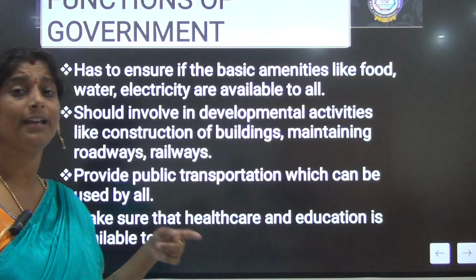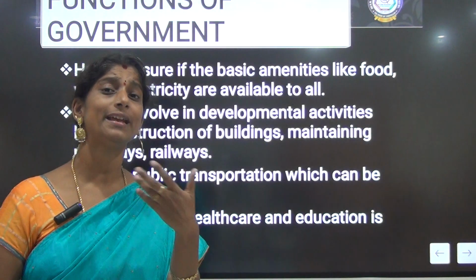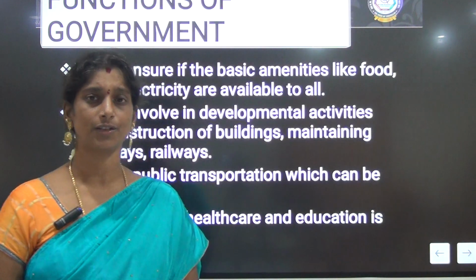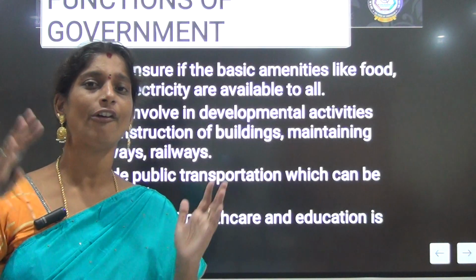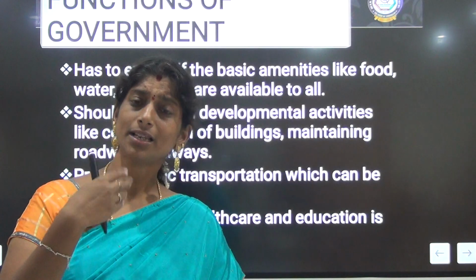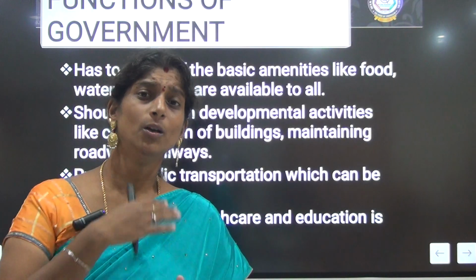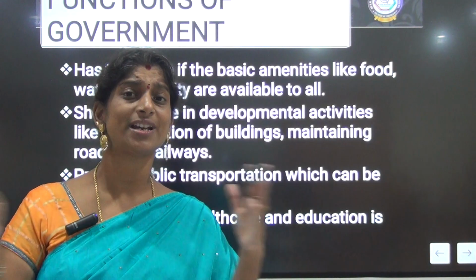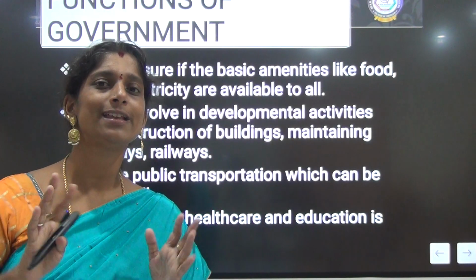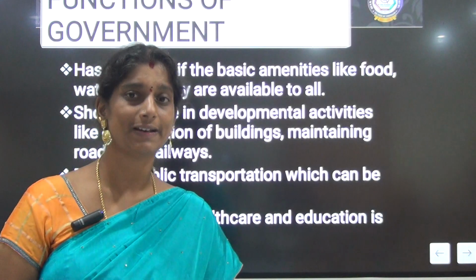Then the government itself should involve in the development activities of the country, like construction of buildings. It is not simply a building, it can be any IT park which is built by the government. It generates revenue for the government. By building and giving these buildings on rent, government will get a standard income, right?